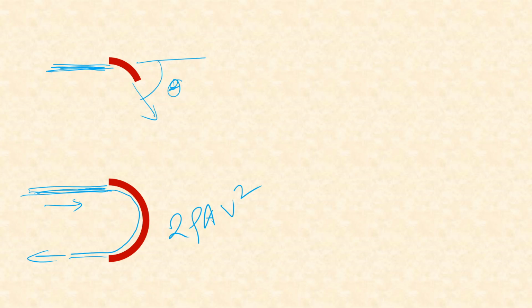But the maximum we can get is when we hit a hemispherical plate, or a plate which can deflect the jet by 180 degrees. So in this case, we'll get the force just like before, twice rho a v square. In general, it will be rho a v square (1 minus cos theta).